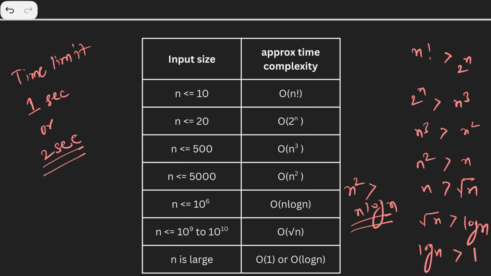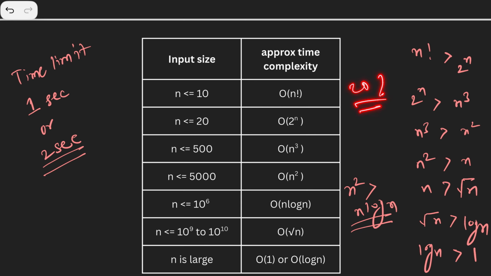So if the time limit is 1 second or 2 seconds and the input size is less than or equal to 10, then you can go for any algorithm that has time complexity n factorial or 2 to the power n or maybe root n. You can go with any algorithm that has this time complexity. At max you can go for n factorial. Let's say n is 20. Then you can go for 2 power n, but you cannot go for n factorial because 20 factorial will be very huge.